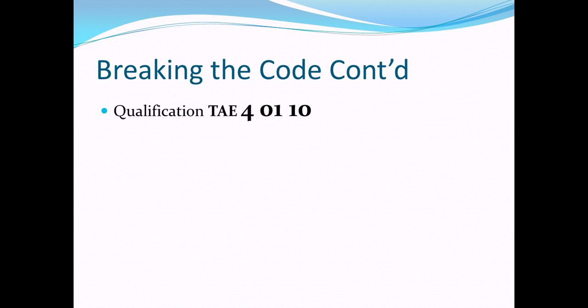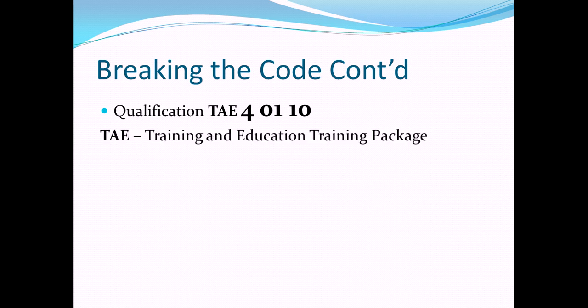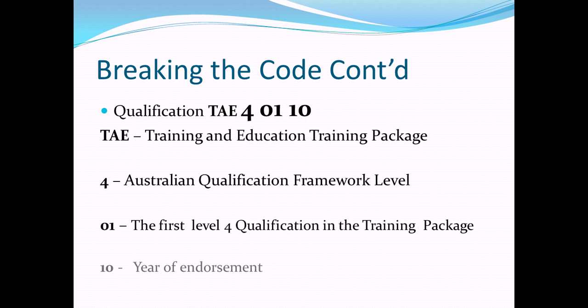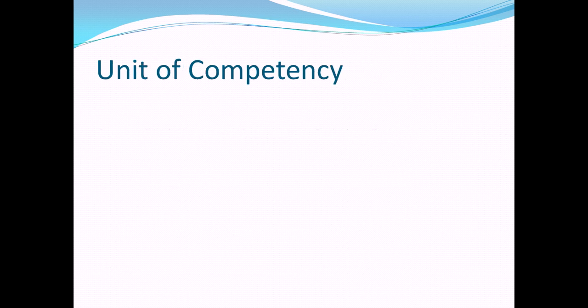Now, getting back to our slideshow in relation to breaking the code, we've been through this detail here for the qualification code, being level 4. Now we've moved into the unit of competency.